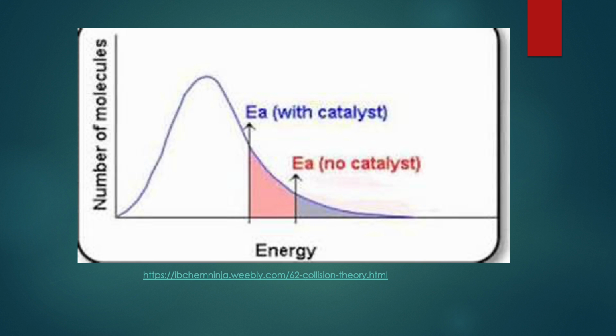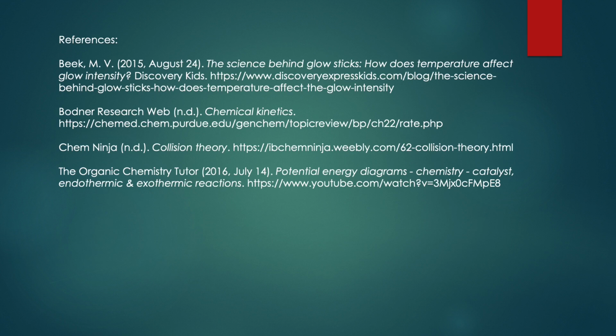The threshold energy is now less. Once again, it's explained that the catalyst offers a different pathway, a different mechanism, and so the transition state has a lower activation energy.